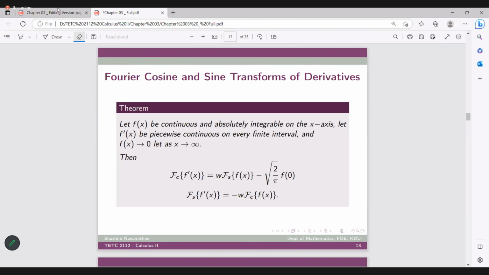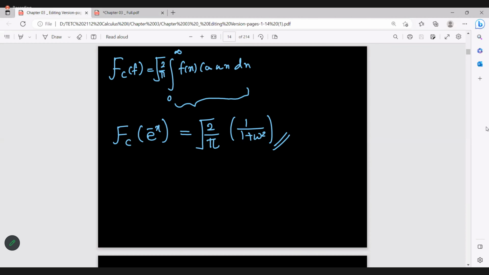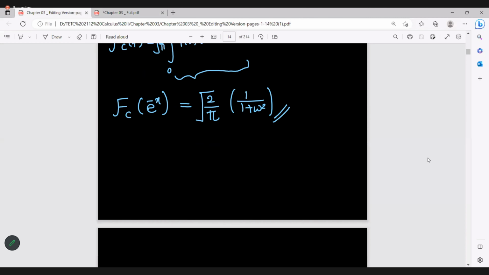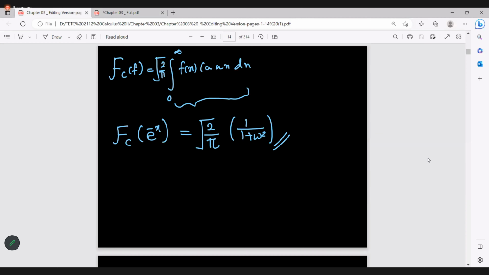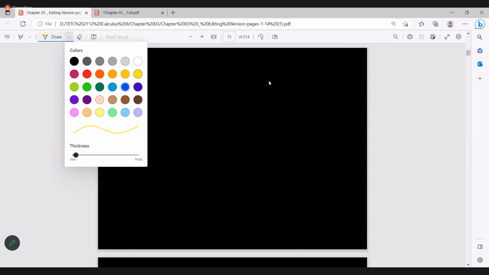So we have a function, and we are going to obtain the derivative of f of x.